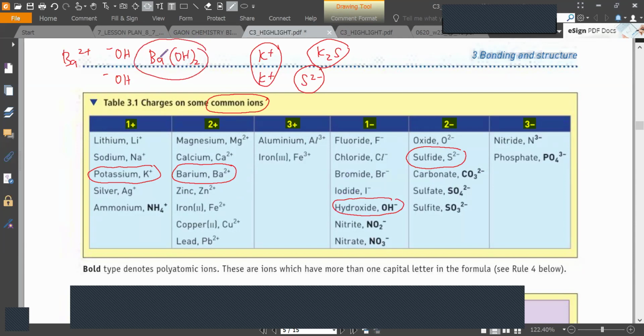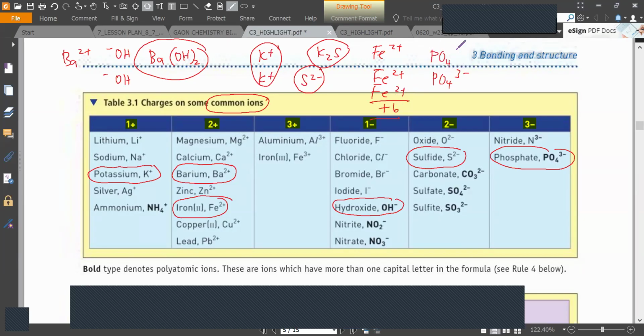Example, phosphate. Let's say we have iron phosphate. Iron is 2 plus, phosphate is 3 negative. How do we balance it? For iron we need 3 of them, so here it will be plus 6.